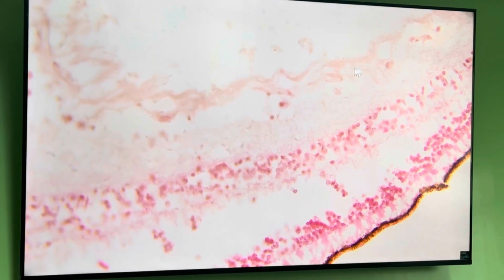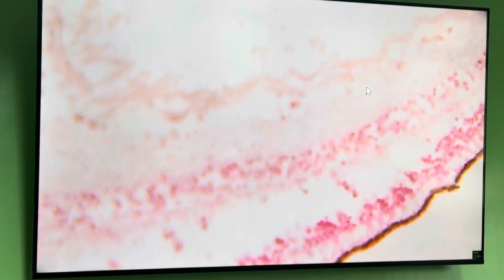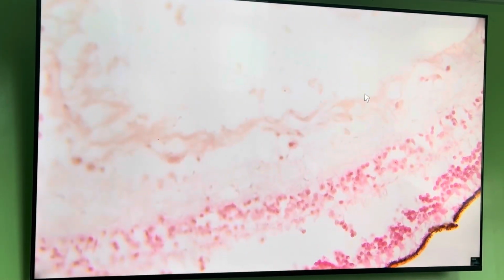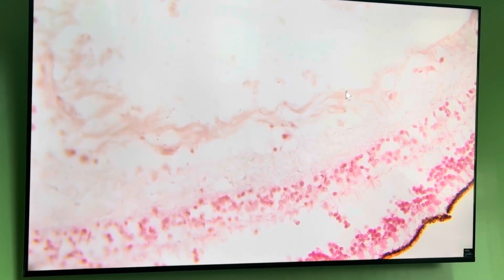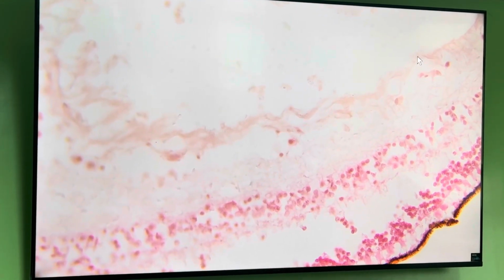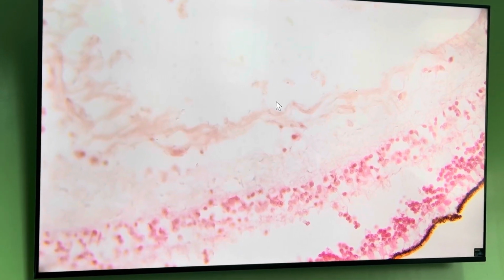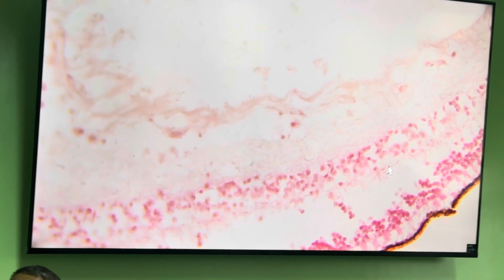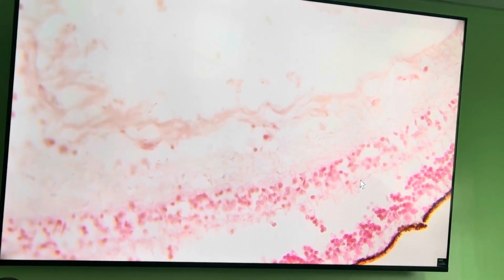We have here the ganglion, and then up to that point, easily identifiable, but later here we have the next is the optic nerve, and the inner limiting membrane is not that identifiable. But for this particular area, you would easily identify the layers compared to the previous slide. Okay?